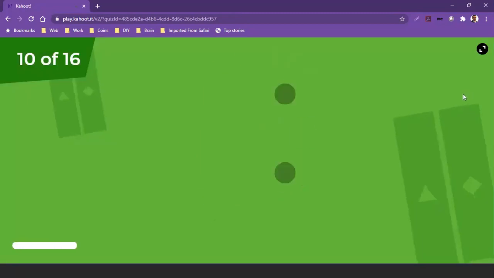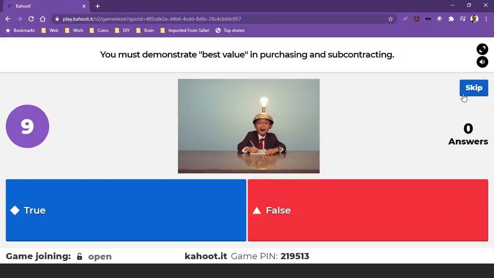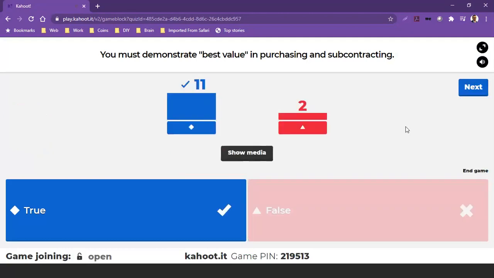Next question. You must demonstrate best value in purchasing and subcontracting. Is this true or false? So most of you got it right. You always must demonstrate the best value in purchasing and subcontracting.